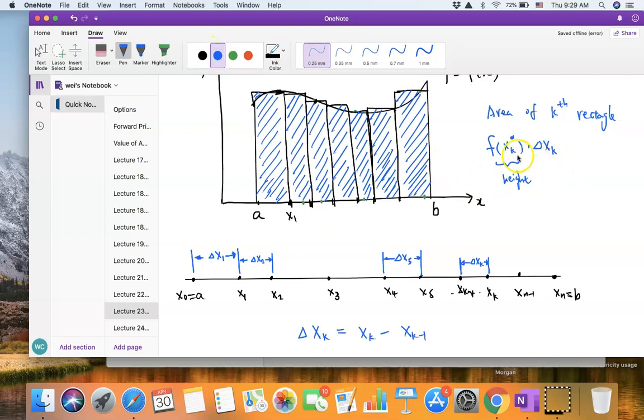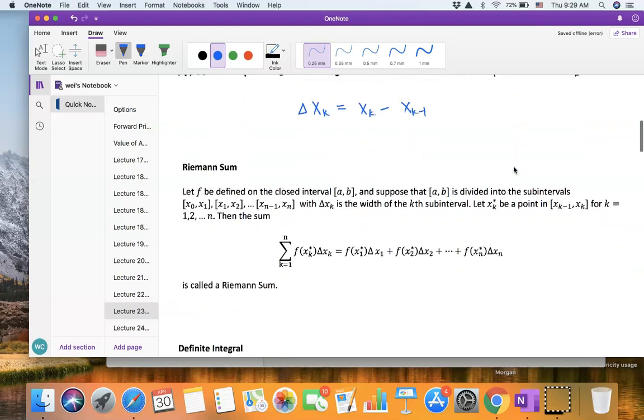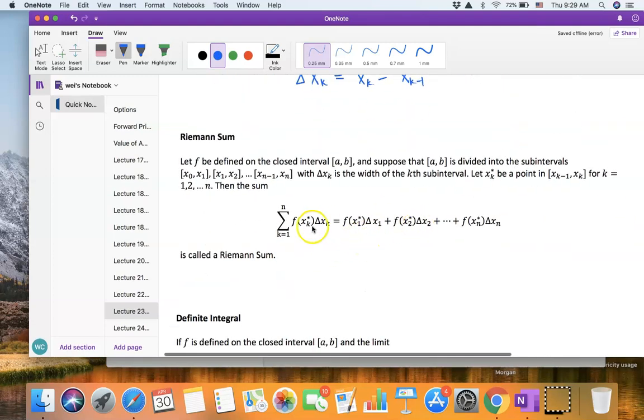Now, if we add them together, let's say I construct n rectangles and add them together, that summation in mathematics is called a Riemann sum. So here is the definition of a Riemann sum.